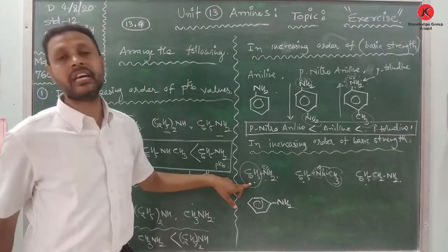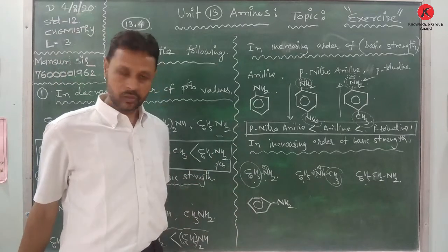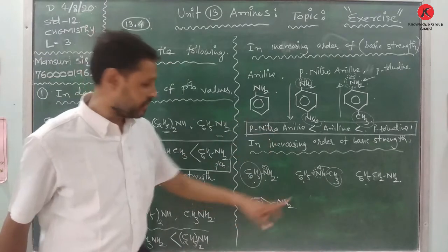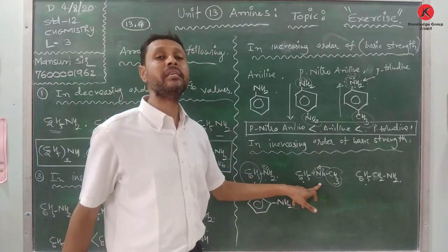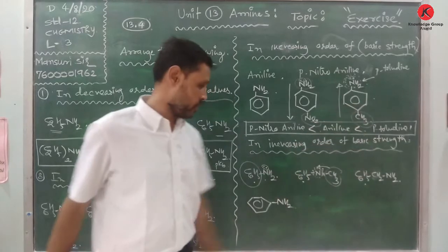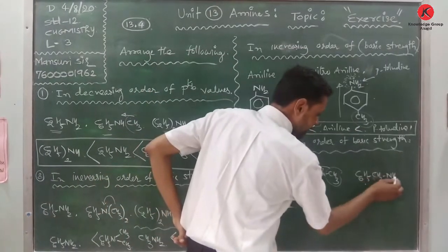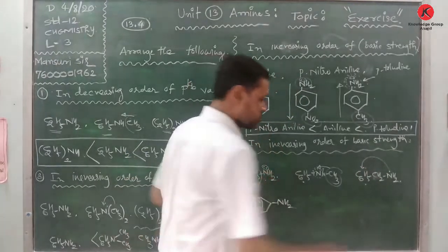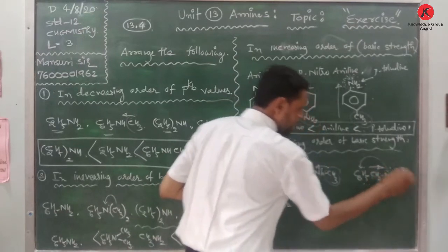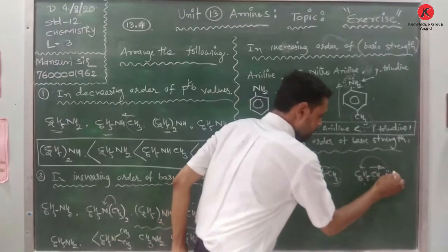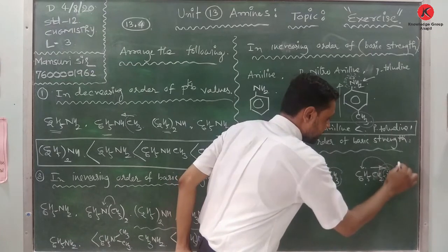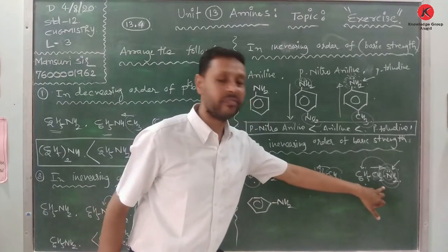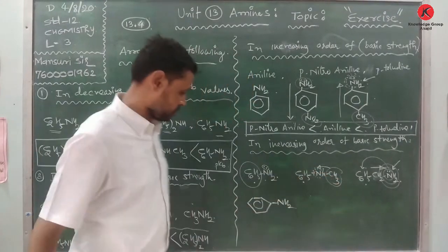So aniline has less basicity. Thereafter more will be here, and thereafter the more basicity of this compound will be known. Why? Because here nitrogen does not attach to benzene directly. So methyl will be an electron donating group, and that is why the electron density on nitrogen will be more. So benzylamine has more basic strength.